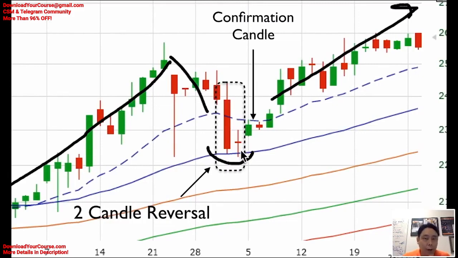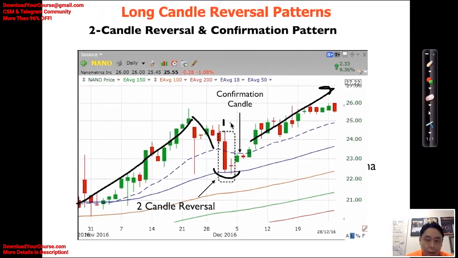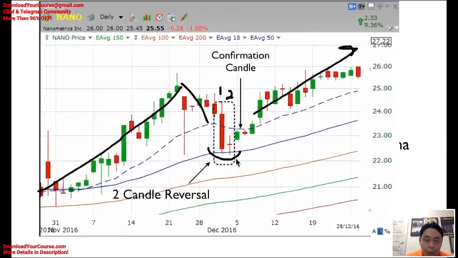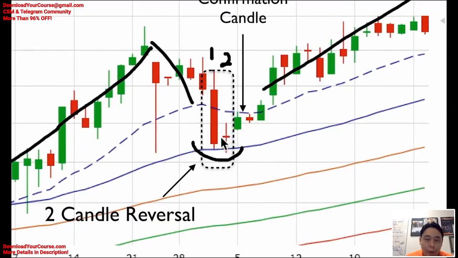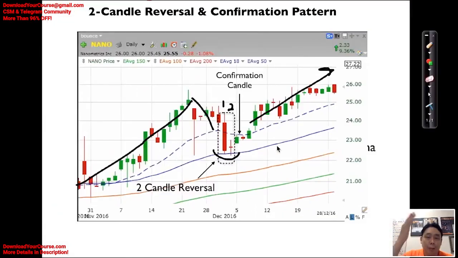All right. So what are the criteria? Again, criteria 1, this is the reversal candle, and that is the candle before the reversal candle. So this is candle 1, that's candle 2. So what are the criteria? The body of the candle must be above the moving average that is bouncing off. Check.